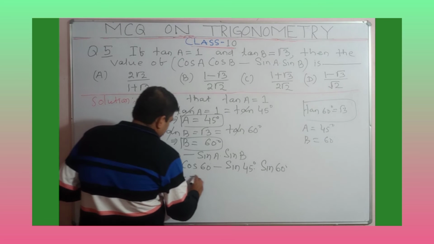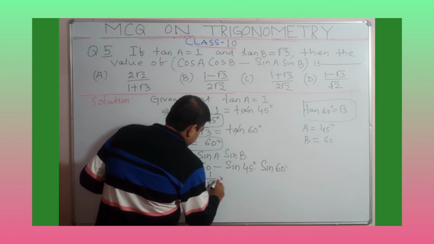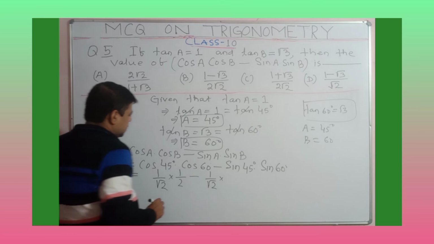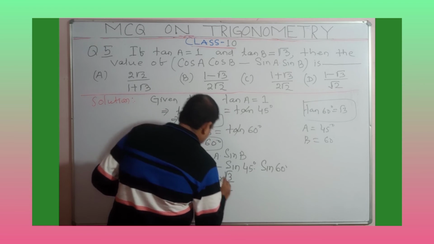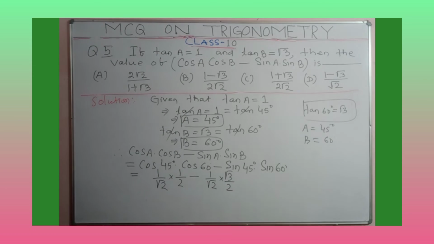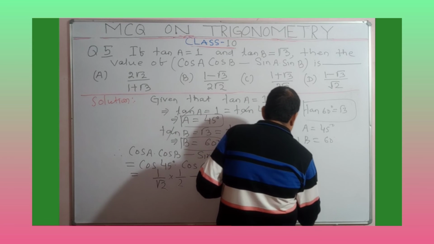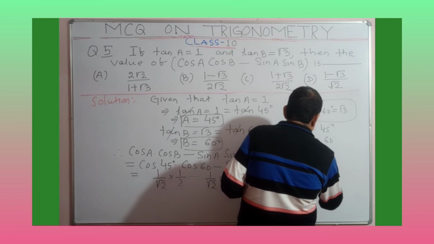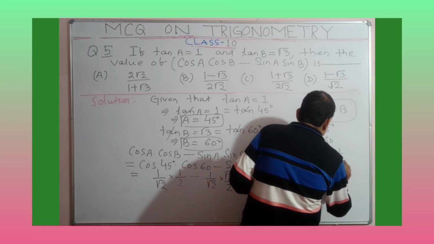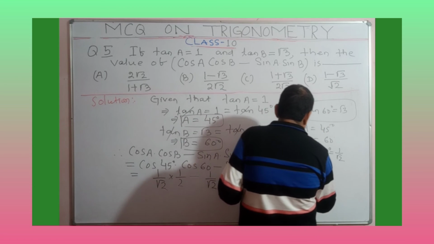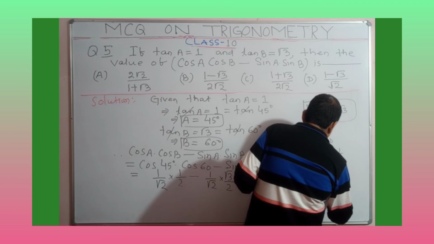Minus sin 45, 1 upon root 2, into sin 60 degree. What is sin 60 degree? Root 3 upon 2. Once again, let us write the formulas here. Cos 45 is 1 upon root 2. Cos 60 degree is equal to 1 upon 2.